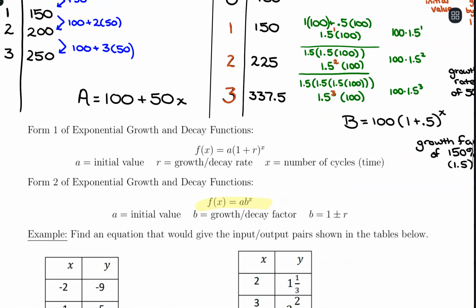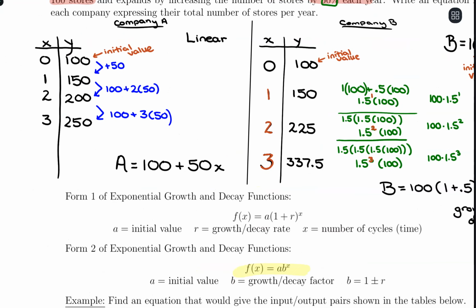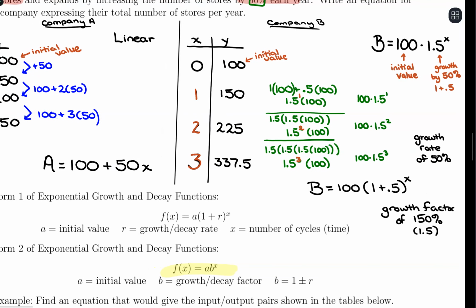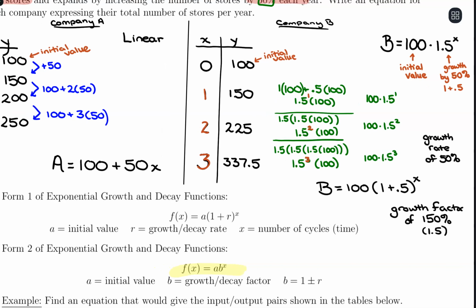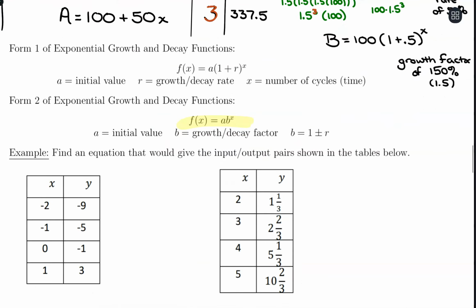The main difference will be that linear functions are changing by addition. We're adding on something each time. And with exponential functions, we're multiplying by something each time. So that's our main difference. Addition, subtraction with linear, multiplication, division with exponential.